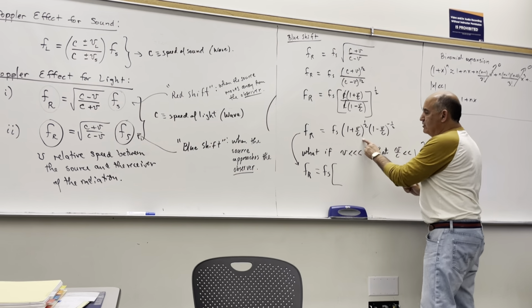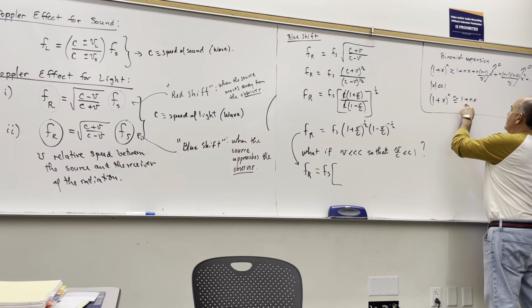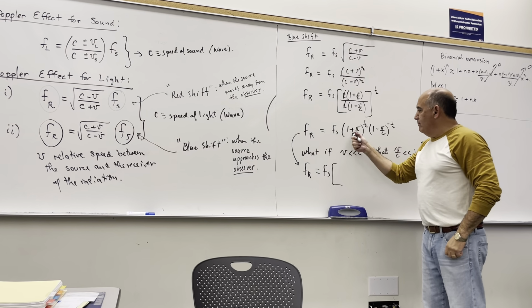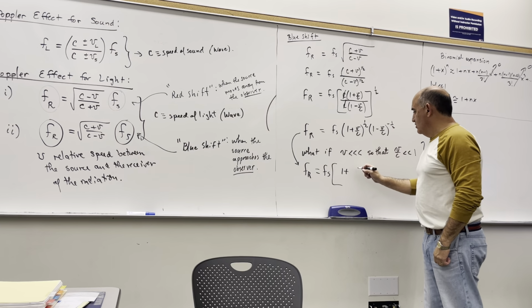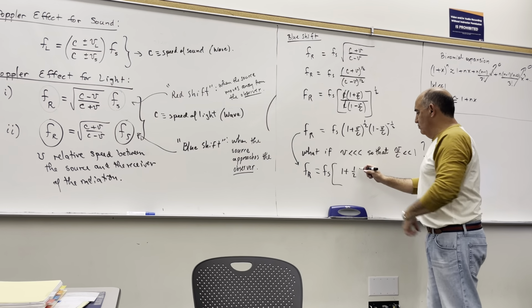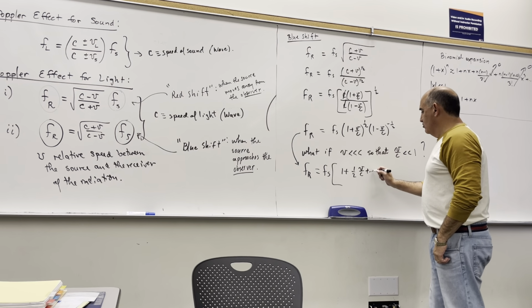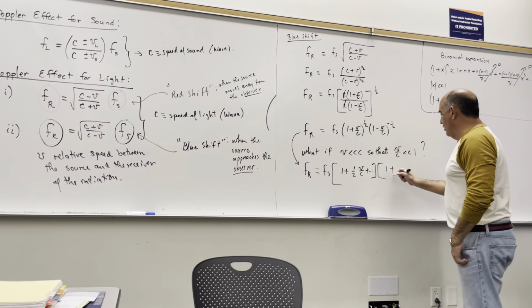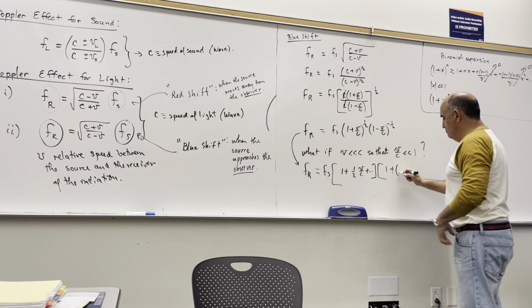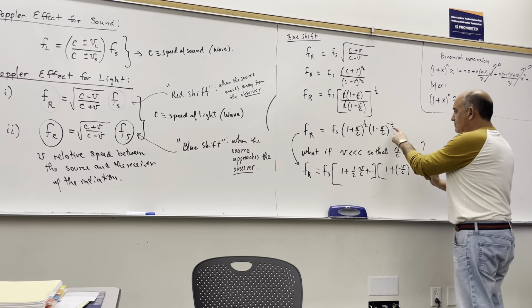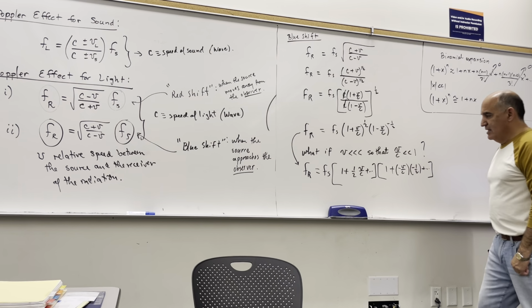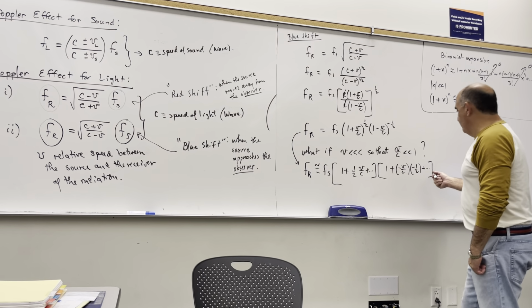Now, notice this approximation is 1 plus the exponent times the small thing. So this would be 1 plus the exponent, which is 1/2, times the small thing, which is v over c, plus other terms that I'm going to drop away. And then the second factor is 1 plus the small thing, which is minus v over c, times the exponent, which is minus 1/2, plus other factors that I throw away. So now this is an approximation because I have a lot of other factors in there.